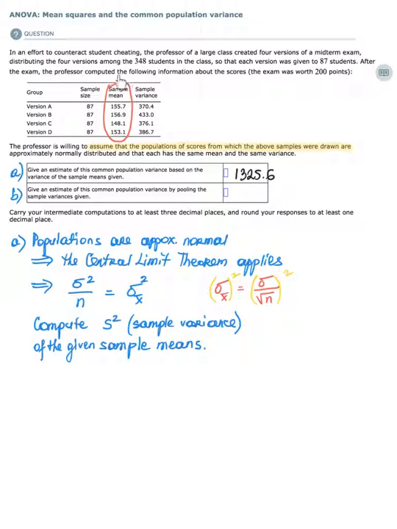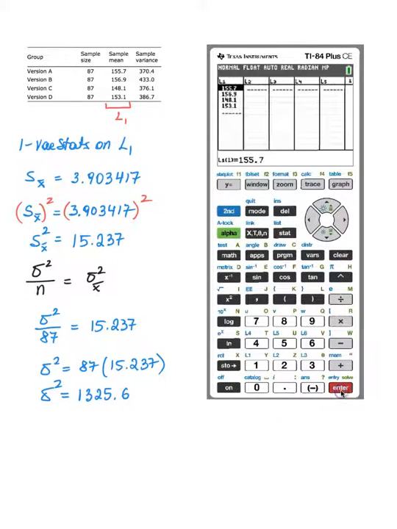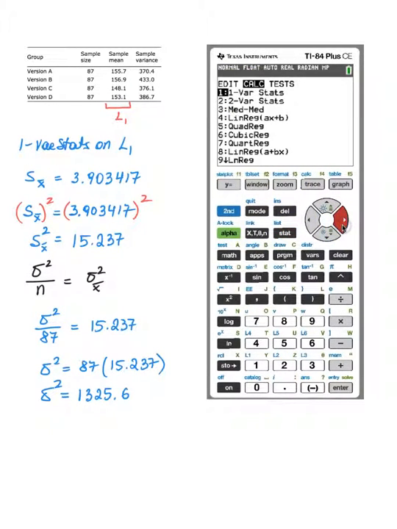So I'm going to use this column of 155.7, 156.9, 148.1, and 153.1 as the sample means. The very first thing I need to do is to enter my sample means into the lists. I already did this on my calculator. You can go to Stat, Edit, and just enter your data. There are only 4 numbers. Enter them into one of the lists. I entered them into list 1.